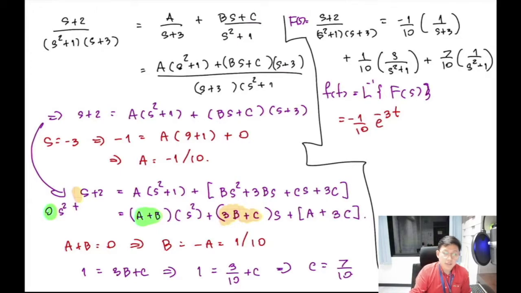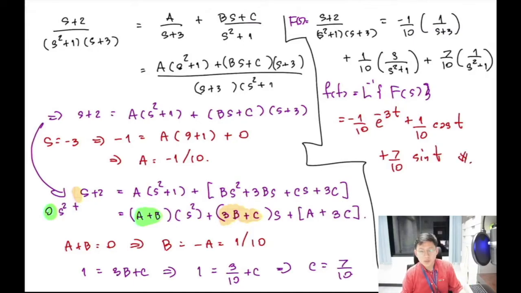And after that, we get plus 1/10 and s divided by (s squared plus 1), which is cos t. And the last one would be 7 divided by 10 of sine t. And that's it. As you can see, it's quite simple.